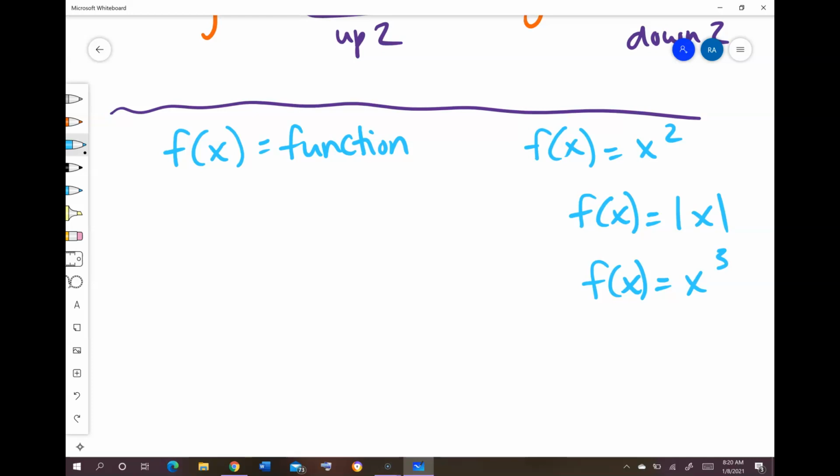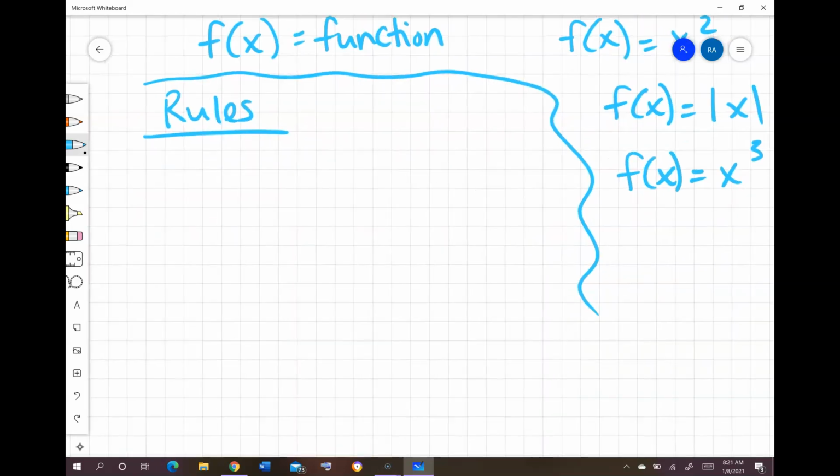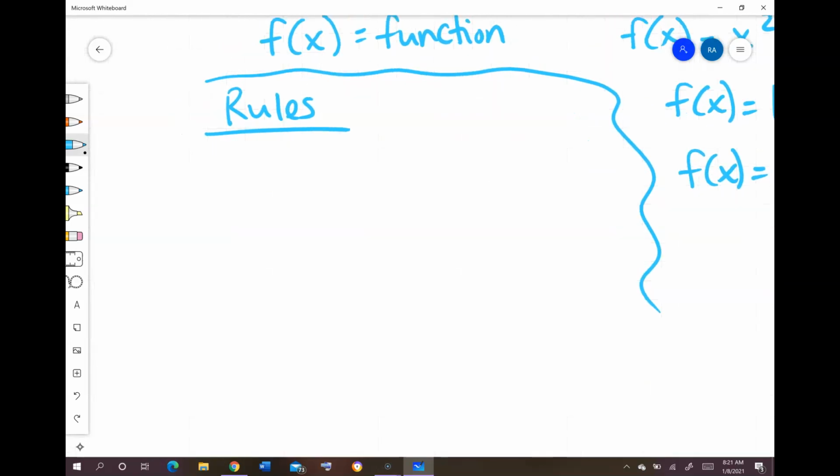So the rules. Let's give you the rules. Okay. The rules. All right. So if you see f of x plus 2, we're just going to let the transformation be b. Okay. F of x plus b.